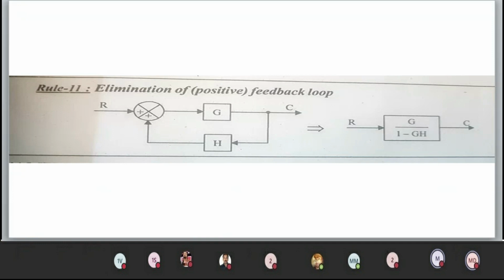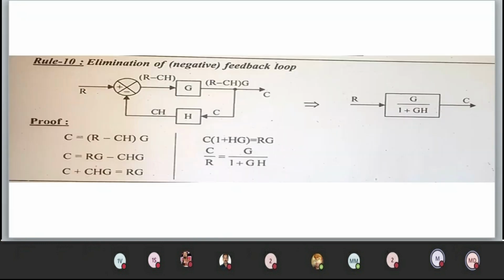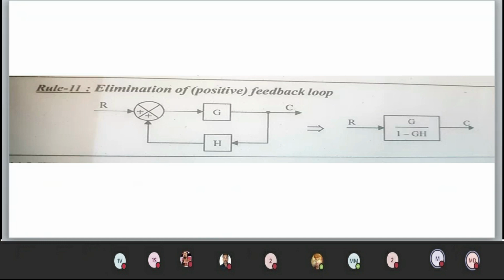That is the only difference for a positive feedback. The sign simply changes. So kindly understand, the rule for negative feedback elimination is G divided by 1 plus G of H. The rule for positive feedback elimination is G divided by 1 minus G of H.